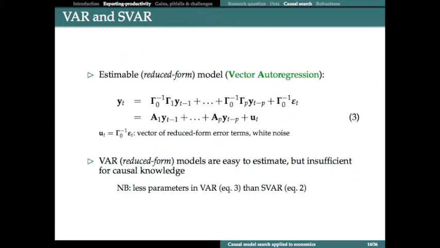What we can estimate is a rotation of this model, the reduced form vector autoregression. It is the standard literature on VAR. We can estimate this, but it is insufficient for causal knowledge, insufficient to get the structural VAR. We have fewer parameters in equation 3 than in equation 2.